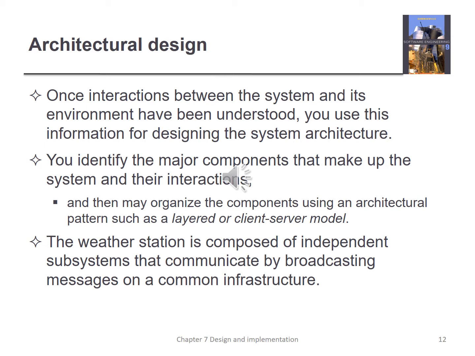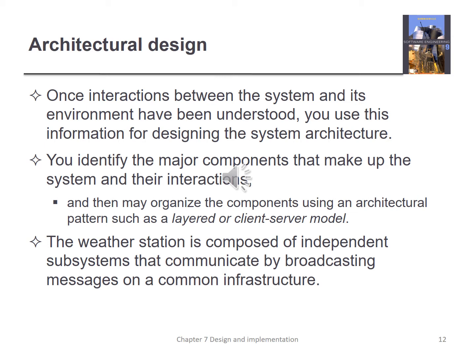After we put it in the context diagram, we explode it into the components and their relations through the interface design, and now we have to put it in an architecture. Then we organize the components using an architecture pattern such as layered or client-server or whatever we see. The weather station is composed of independent subsystems that communicate by broadcasting messages on a common infrastructure.